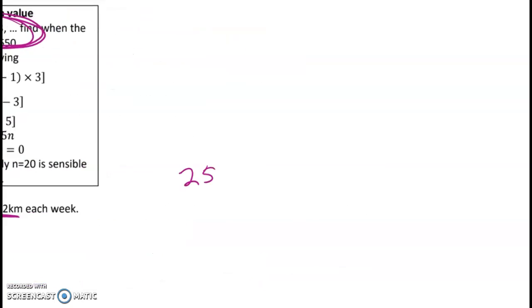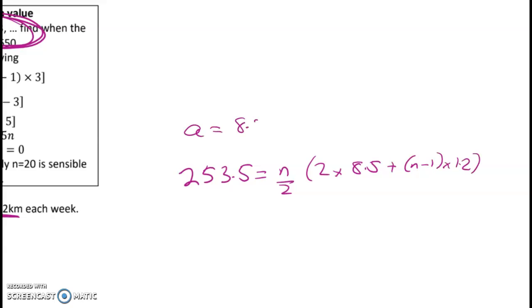So we've got 253.5 is equal to n over 2 times 2 times 8.5 plus n minus 1 times 1.2. And we've got that because A is 8.5 and D is equal to 1.2.